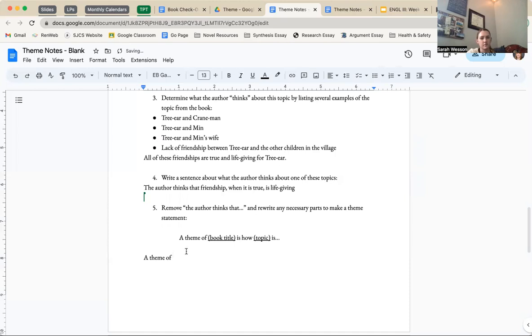Use this sentence stem here to write your theme statement. Okay, great.